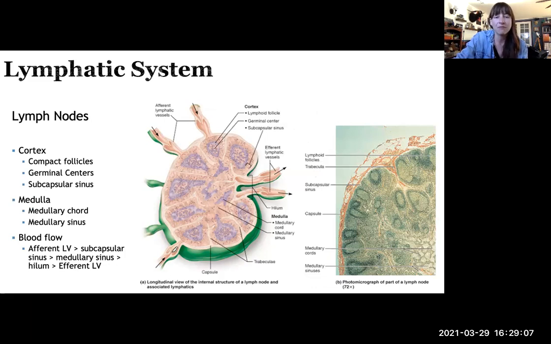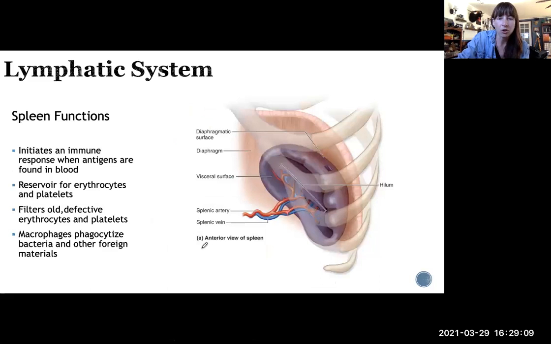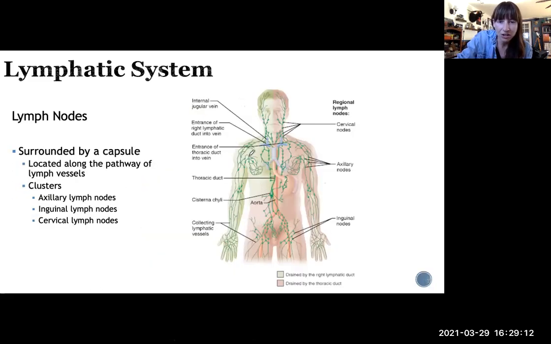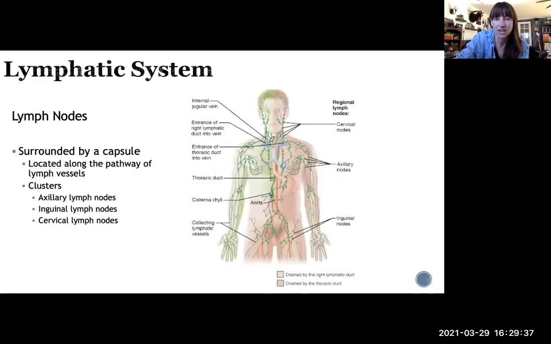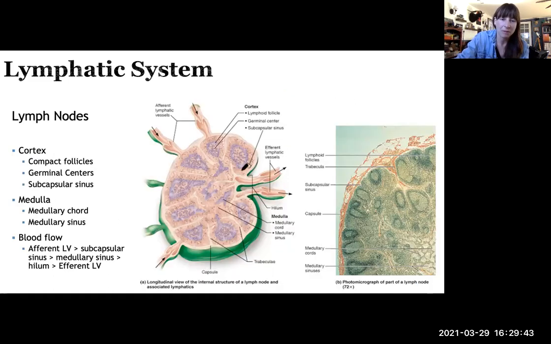Lymph from all around will enter a lymph node, going into the subcapsular sinus, then to the medullary sinus, to what is called the hilum, and out to the next lymphatic vessel, or in the case of the ones right adjacent to the trunk, into the bloodstream.